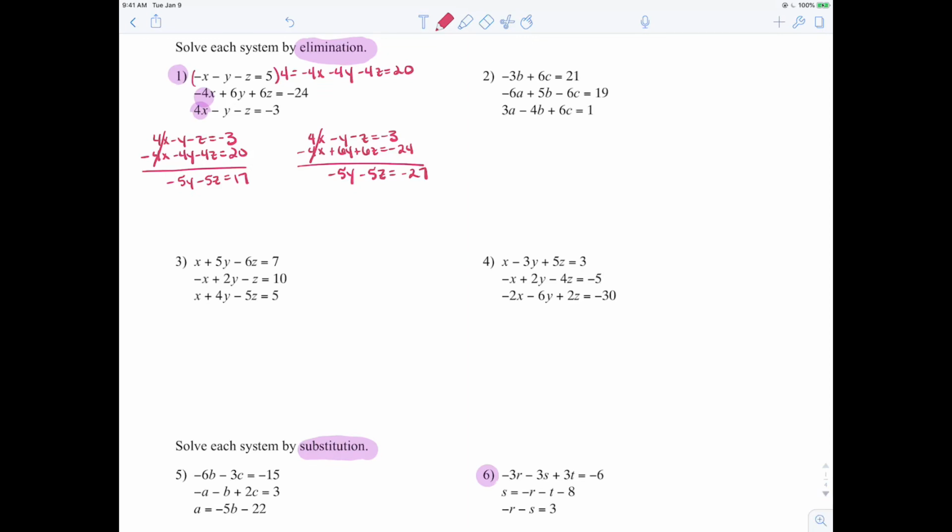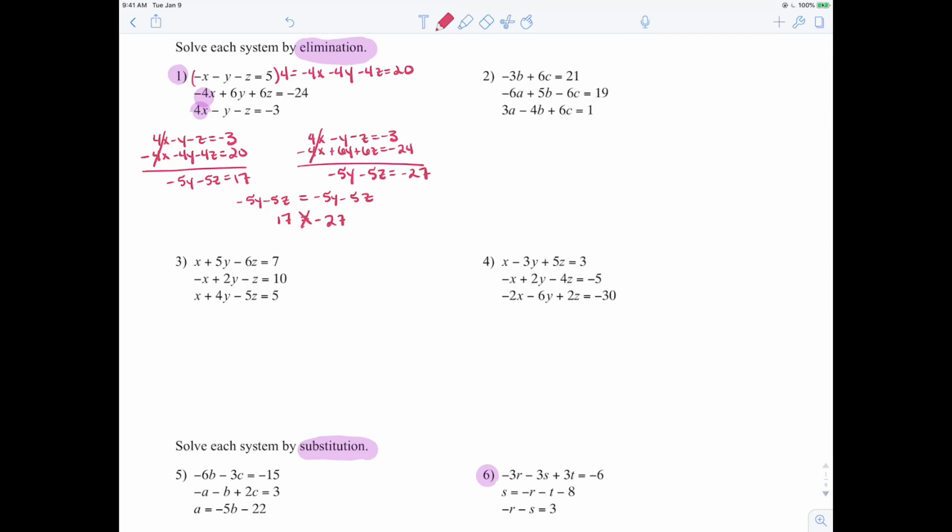And so I look at this and I say to myself, if negative 5y minus 5z is supposed to equal negative 5y minus 5z on both sides, but 17 will never be equal to 27, right?